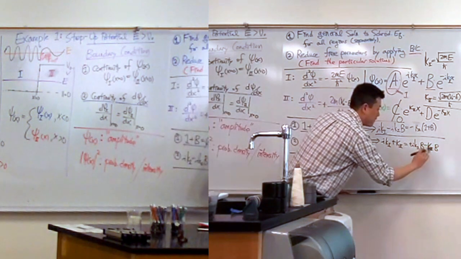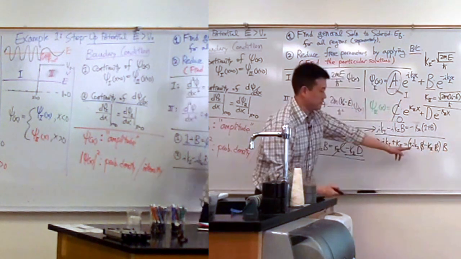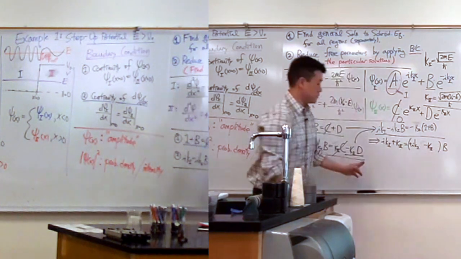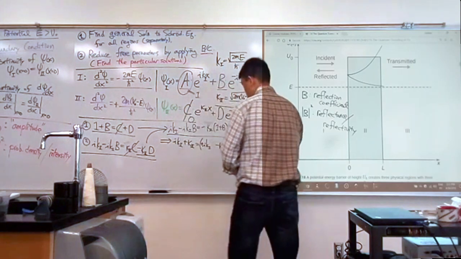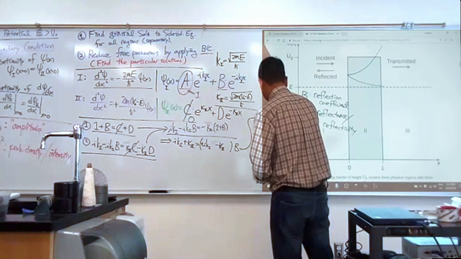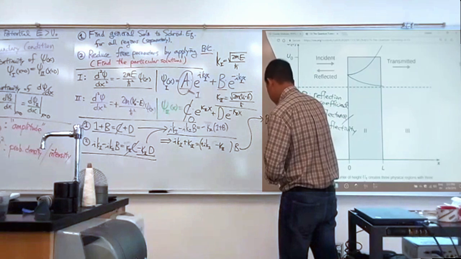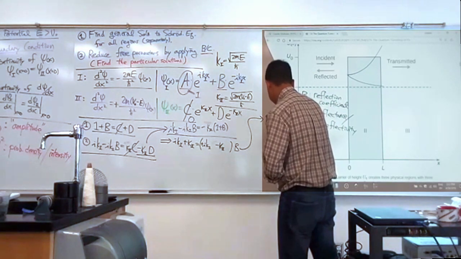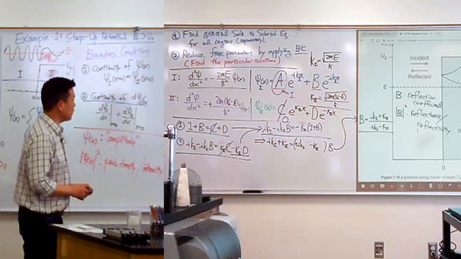So when I factor out B, I get this thing inside, minus ik1 minus kappa 2. So when I solve for B, this is what I end up with: B is equal to ik1 plus kappa 2 over ik1 minus kappa 2. Okay, I get a complex coefficient.